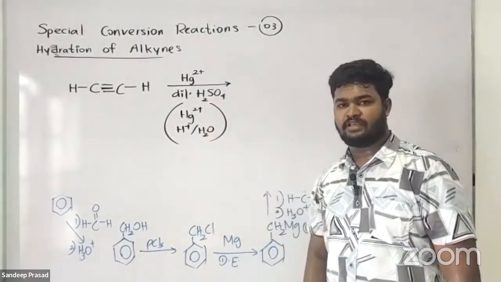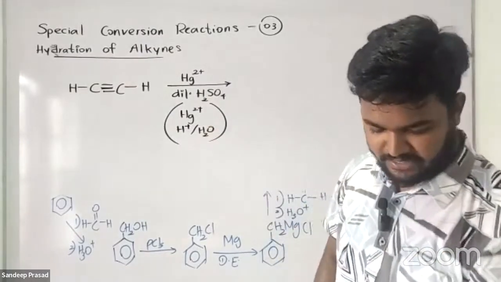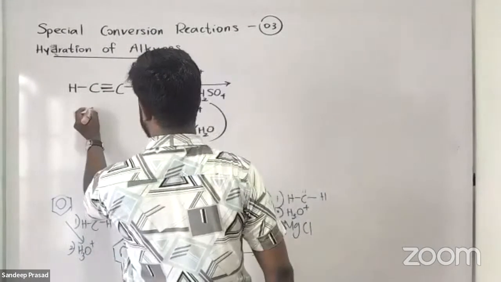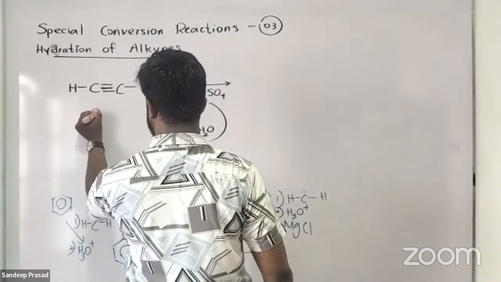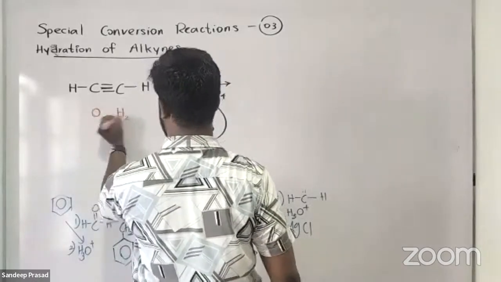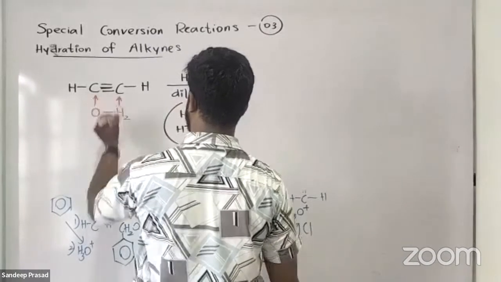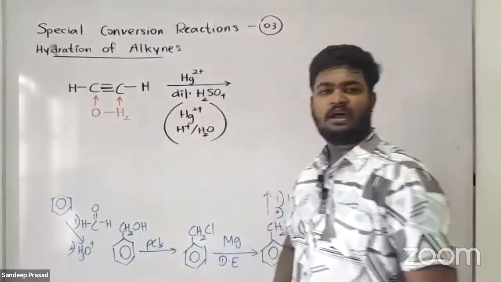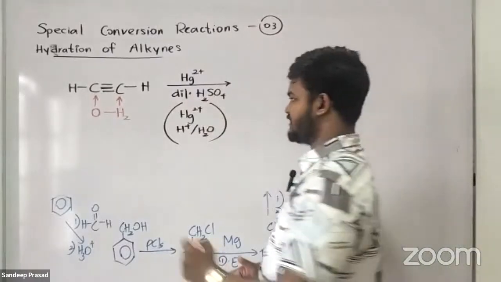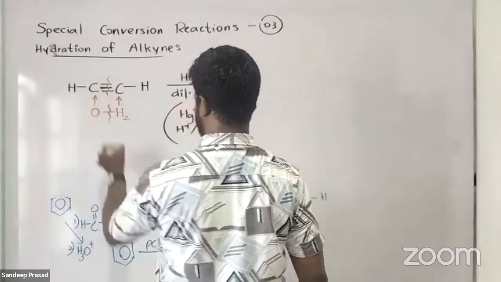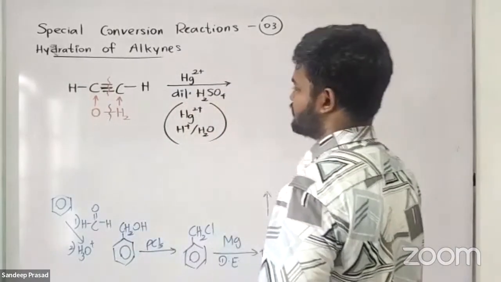Hydration means definitely water is there. So the water molecule is connecting to this alkyne in this way. The oxygen atom of the water molecule is connecting to one of the carbon atoms, and the remaining 2 hydrogens are connecting to the other carbon atom by breaking this triple bond, and also a bond in the water molecule.